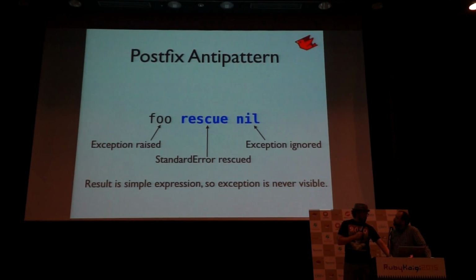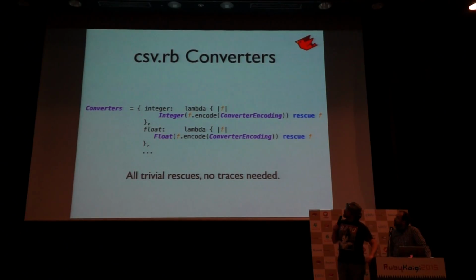We had a bug report that csv.rb had very poor performance on JRuby, terrible performance, something like 100 times slower than running on CRuby even. And the problem we ran into is that when you turn on value converters, it does this cascading set of blocks. So it'll try the integer converter, and if that fails, it'll try the float converter, and then it'll cascade through a few others.